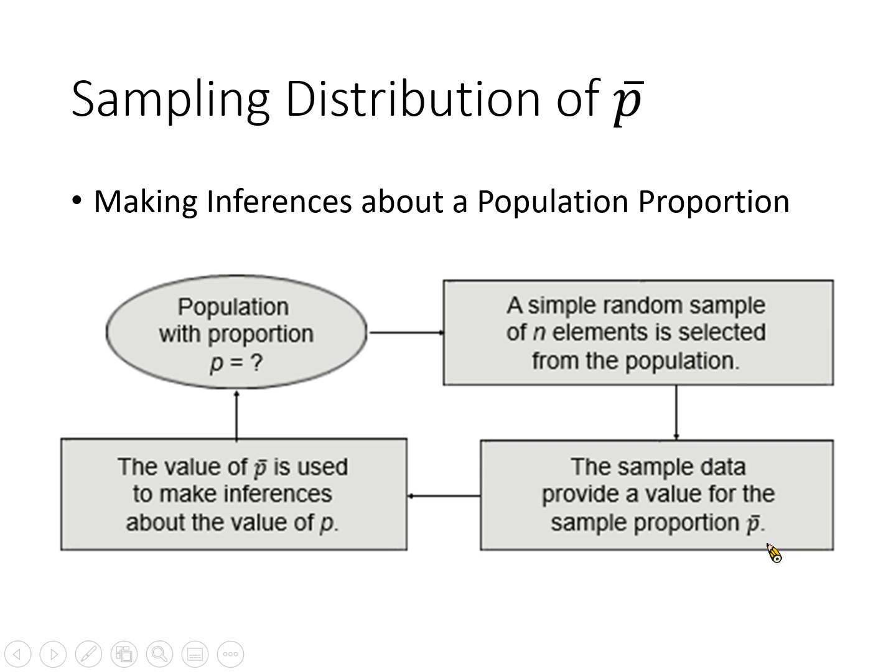For example, in the EAI example, there are 2,500 managers as a population, but you will select 30 as a sample, to calculate the proportion of the population who have finished the training program. So the value of p-bar will be used to make inferences about the value of P.